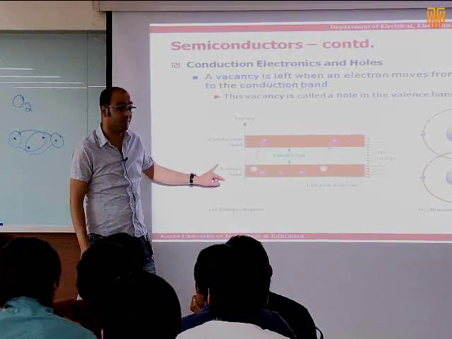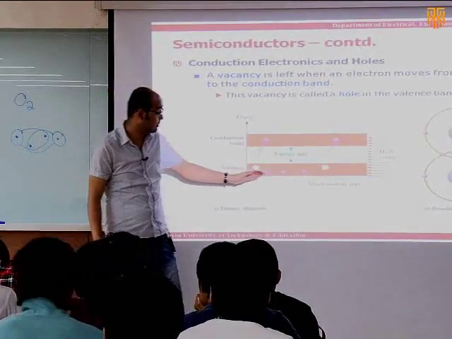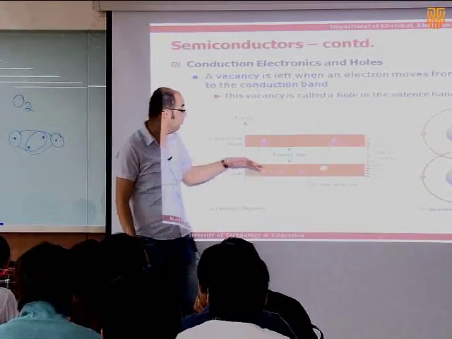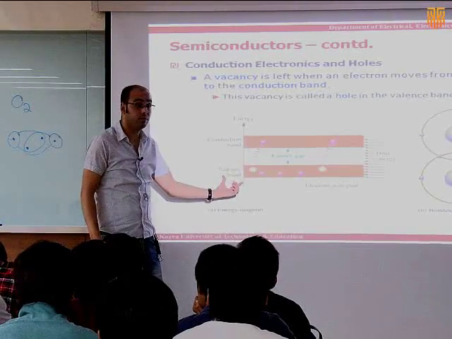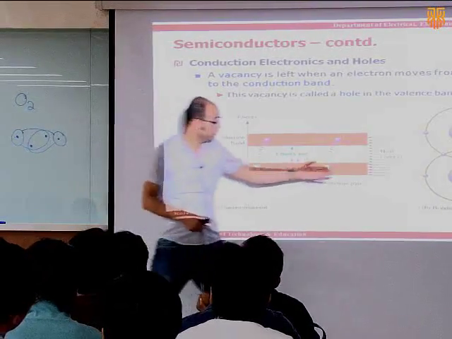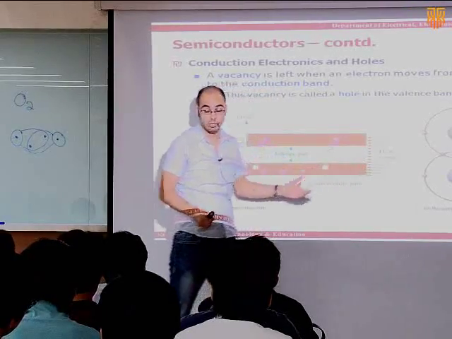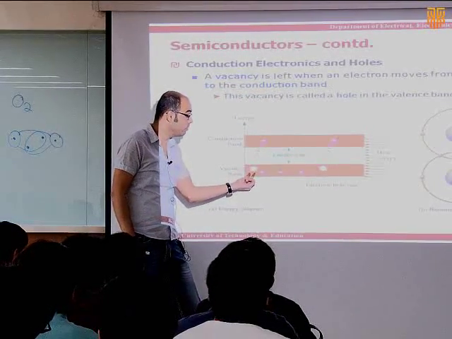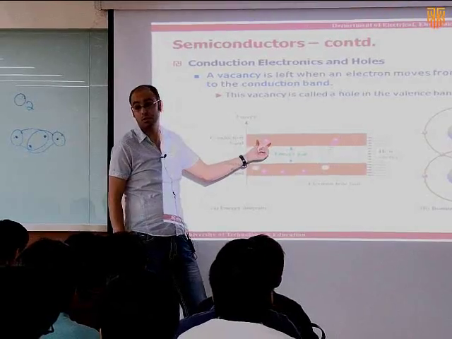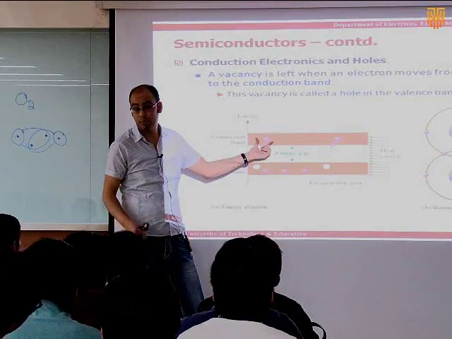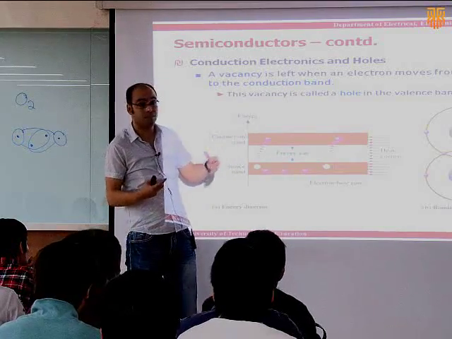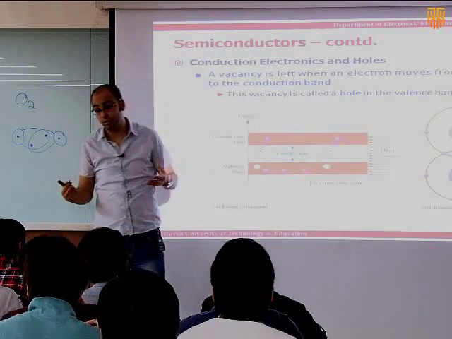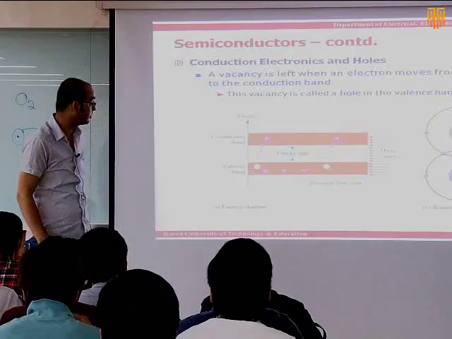So if we have a valence band, the valence band has some electrons, right? And we have the conduction band. If we put some energy, or heat energy, some electrons will move from here to the conduction band and become free electrons, free to conduct. Free means it does not belong to any atom alone.